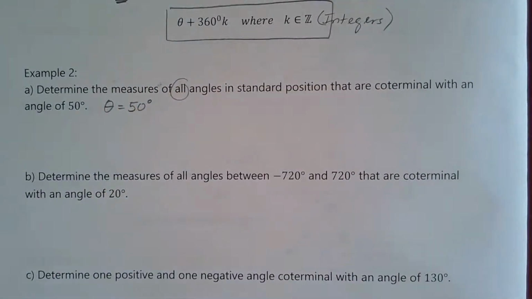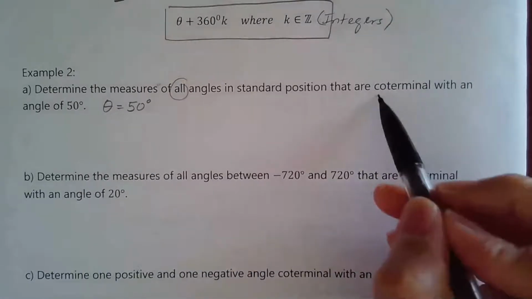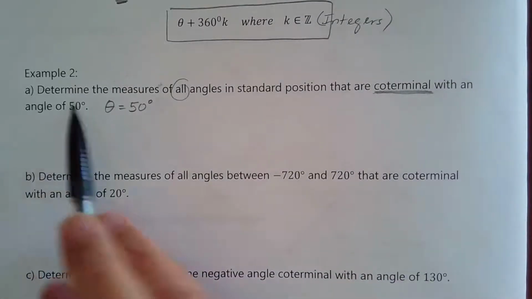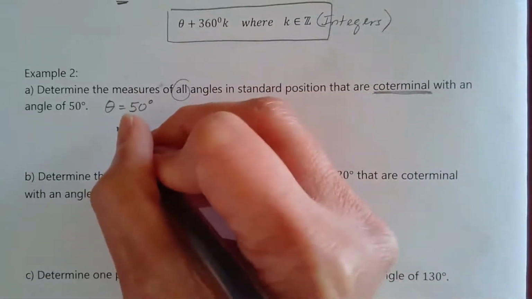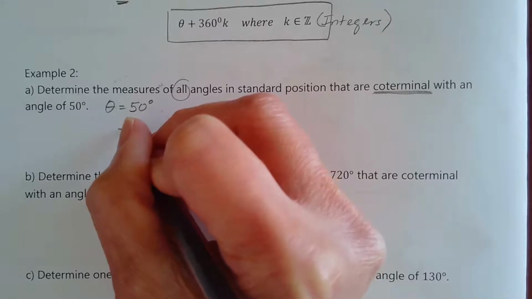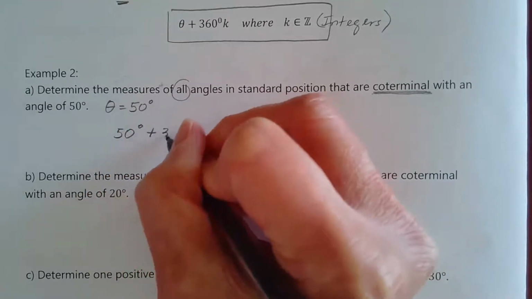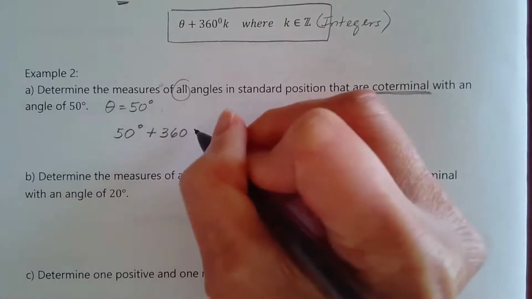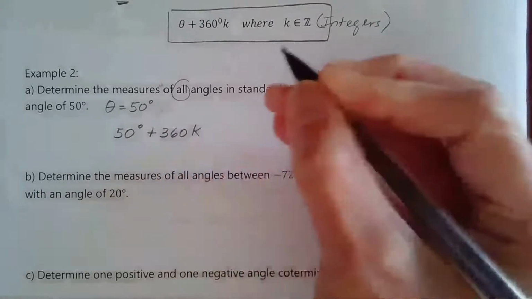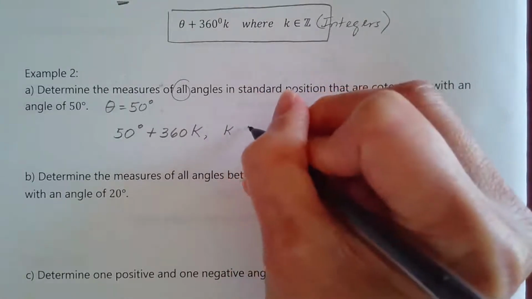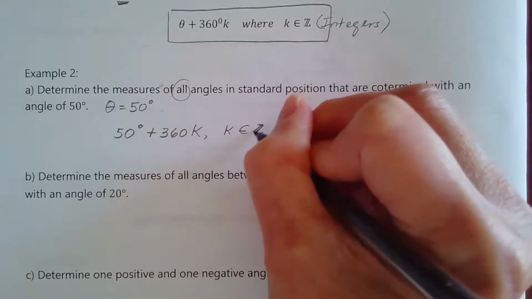So when we talk about all angles in standard position, it's coterminal. That means it stops in the same place as 50 degrees. It would go like this: 50 degrees plus 360 times k, where k is an element of an integer.